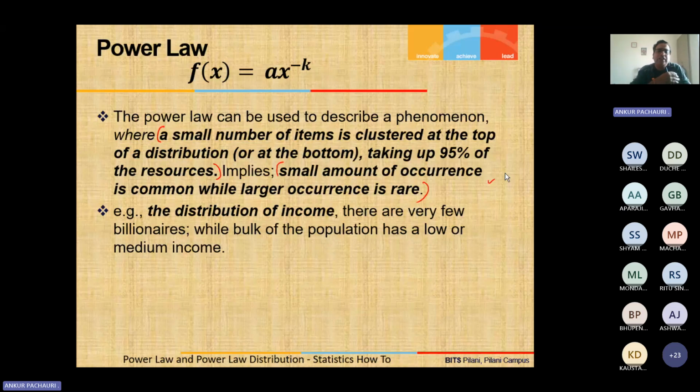So I am taking hundreds, thousands, millions of decisions every day. Usually some are important, like whether to buy something or not. Many decisions we take, smaller or bigger. But there are very few decisions throughout your life that have big consequences or a bigger impact. Okay, so that's also a power law. Whatever you do, most of the time doesn't have any impact on your life, but a small number of decisions has a huge impact on your life.